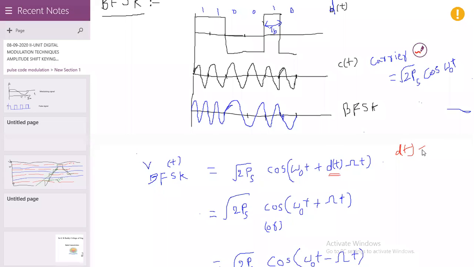Logic 1 indicates plus 1 volt, and logic 0 indicates minus 1 volt. That's why I am representing the waveform like this: this is the plus 1 volt, this is the minus 1 volt. This is the data signal, d of t. Here small omega indicates a small amount of frequency.